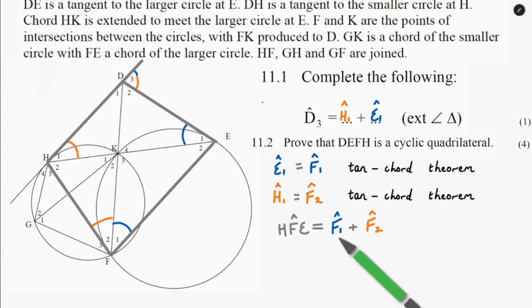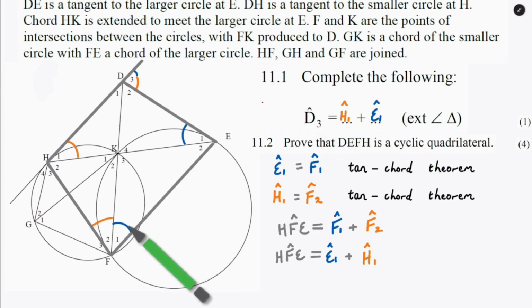And we just proved that F1 and F2 are equivalent to E1 and H1. So we can make that switch over there, and now that angle is a blue one plus an orange one. D3 is also a blue one plus an orange one. So by virtue of this fact, the whole of angle F equals D3, or HFE equals D3.